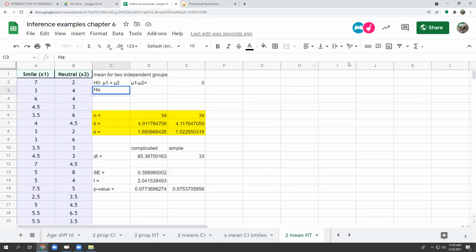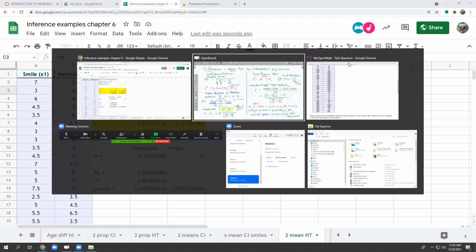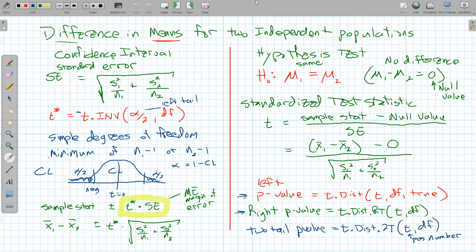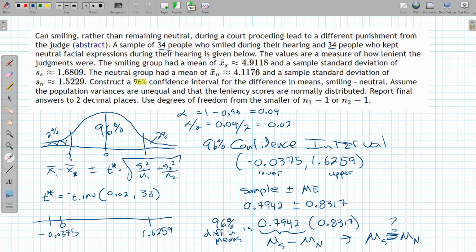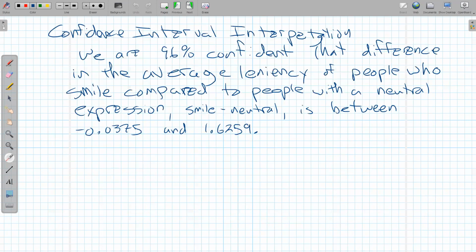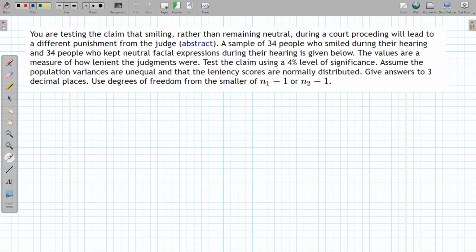Let's go look back at the problem, because that will help us figure out what the p-value means and whether we have the right p-value. Wrong problem. That's the confidence interval. There we go. Test the claim that smiling rather than remaining neutral during a court proceeding will lead to a different punishment.